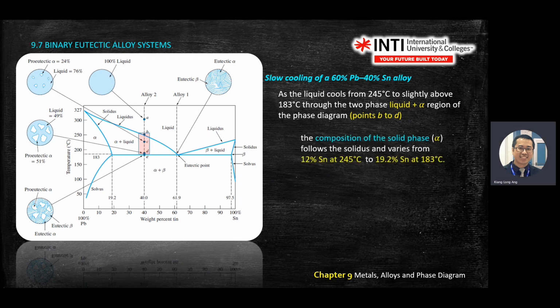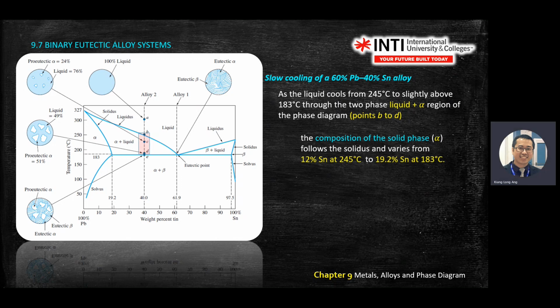The composition of solid alpha follows the solidus and varies from 12% to 19% at different temperatures. How do you know the alpha phase at how many percent? Again, use your ruler, draw a line, drop down, you see 12%. And how do you know 19.2?